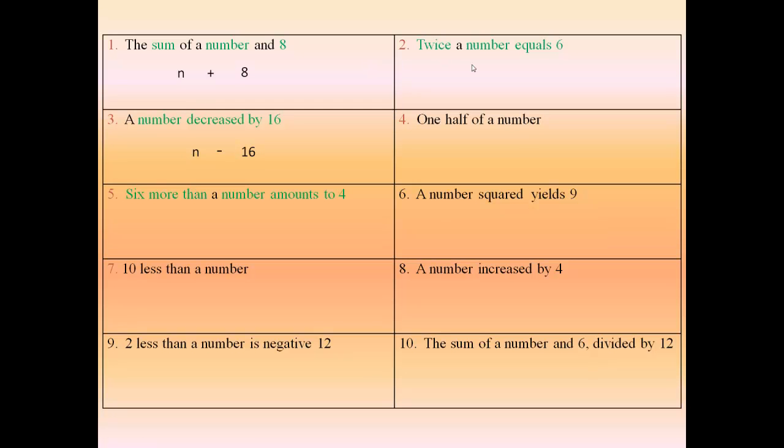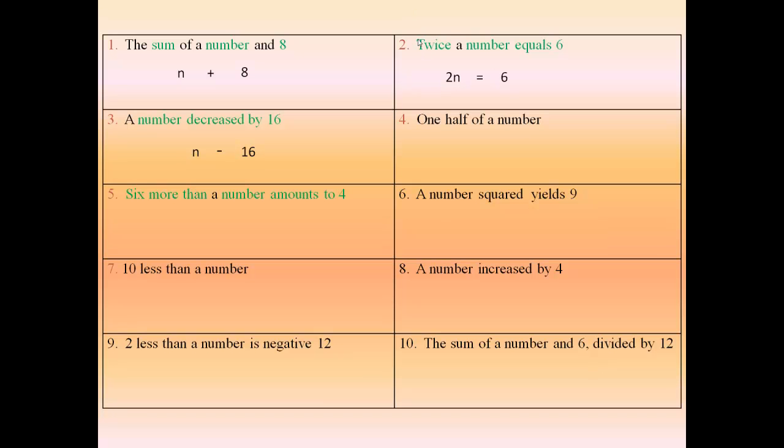Twice a number equals 6. Twice a number means multiply a number by 2. So we'll write 2n. In algebra, we usually don't use a multiplication sign. We can just write the number in front of the variable, and that means multiply. 2n equals 6.